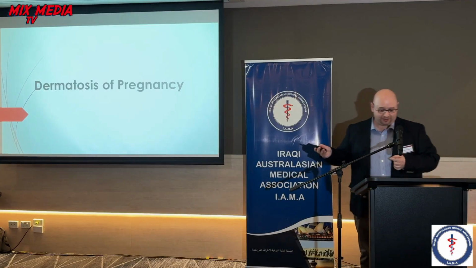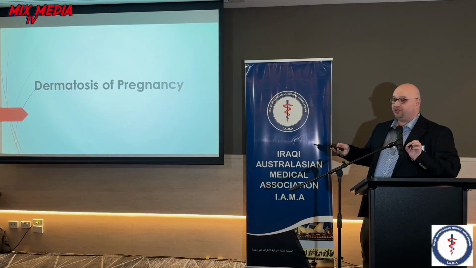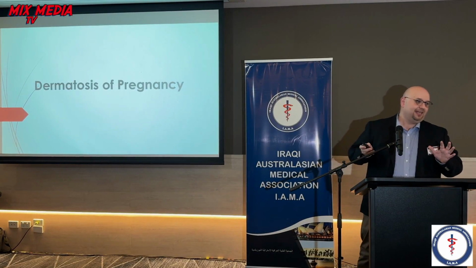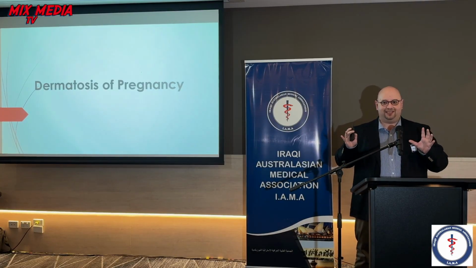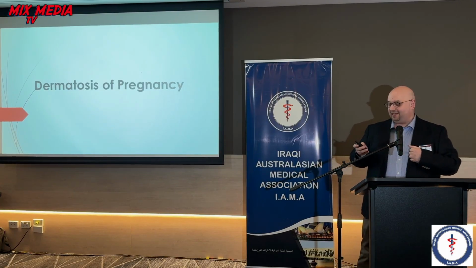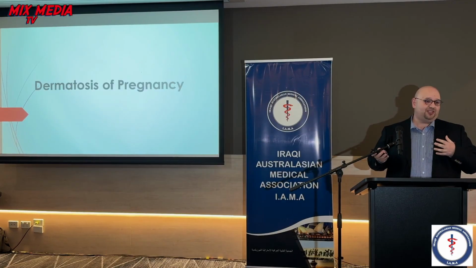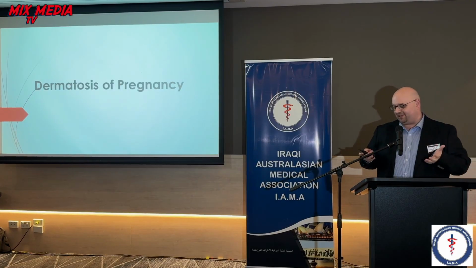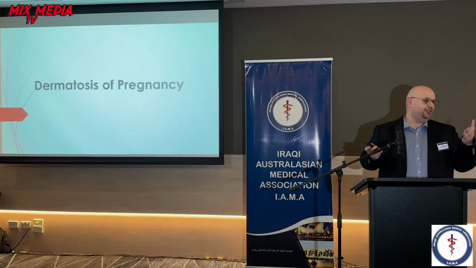I just wanted to speak a couple of words about dermatoses of pregnancy, because obviously we're always alarmed. Especially with pregnant ladies, we try not to prescribe medications as much as we can. Usually with a dermatosis of pregnancy, 90% of your patients will have one of these 4 conditions.